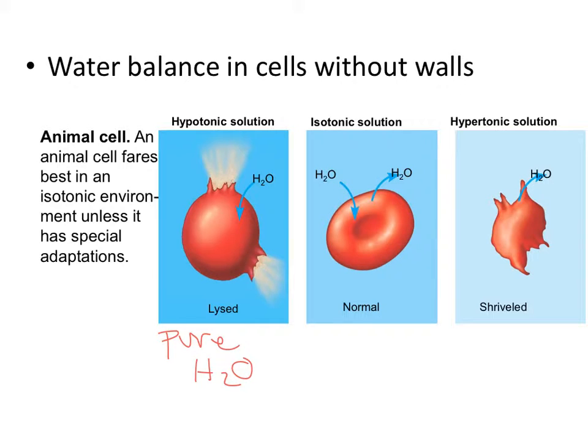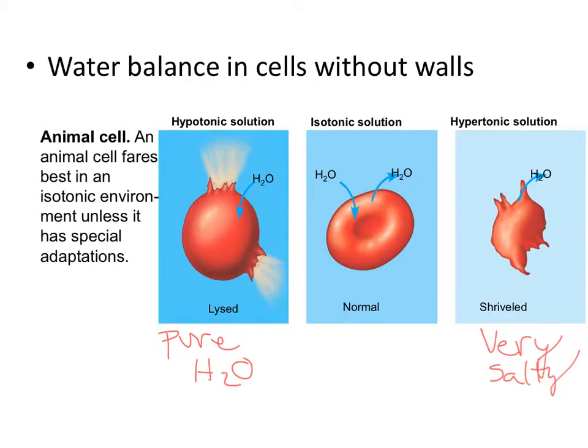And then if you were to put a blood cell in a hypertonic solution, so this would be like very salty water, the water inside the cell would try to dilute that very salty water. And so the water would rush out and you get this sort of very shriveled cell.